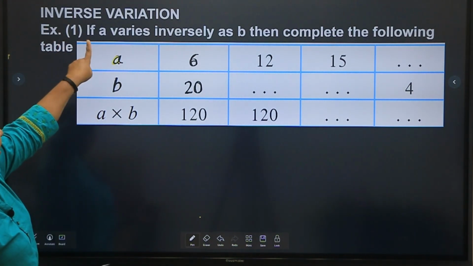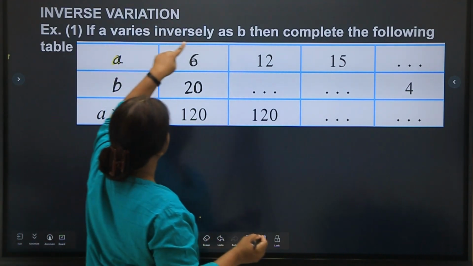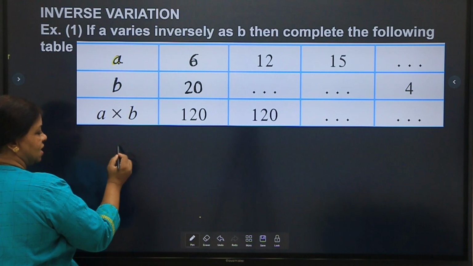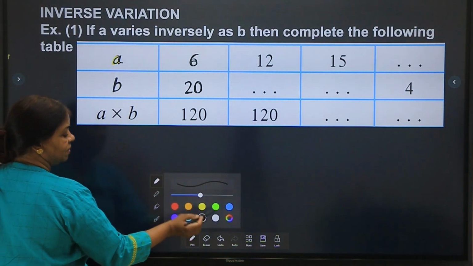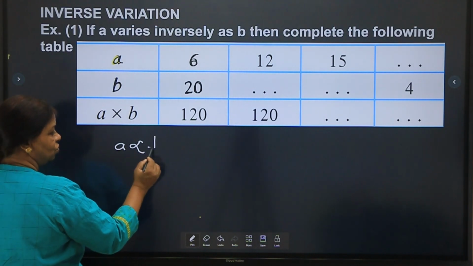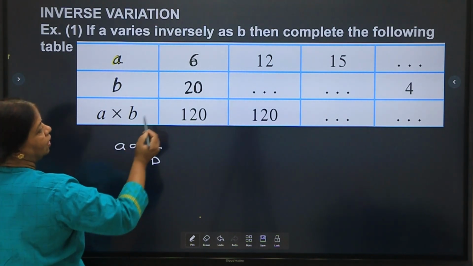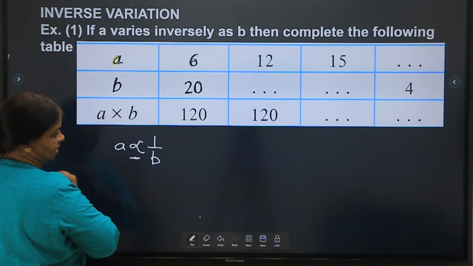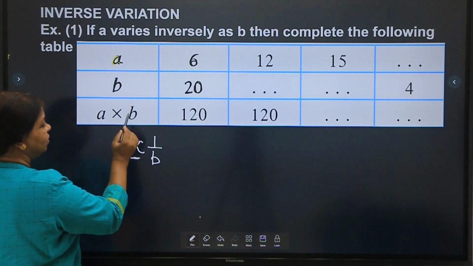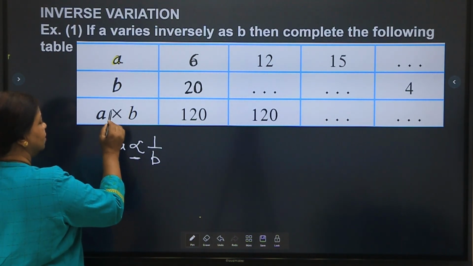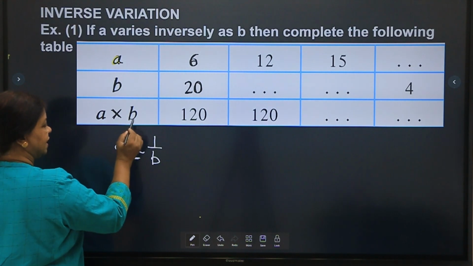It is given that A varies inversely as B, meaning A is in inverse variation to B. Then complete the following table. If there is inverse variation, then the product will be constant. We saw it now. So the product will be constant.